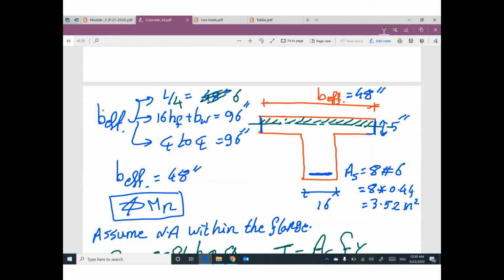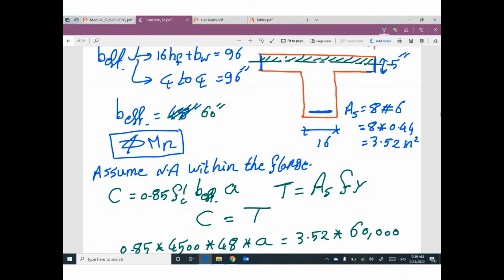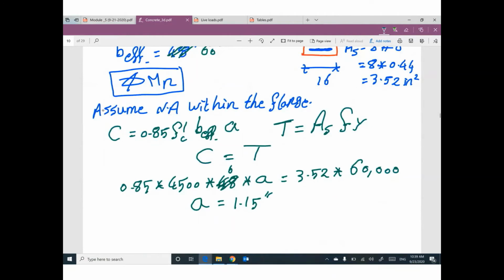Your b effective will be 60. A little mistake makes a big difference. So your value of A will be a little different: 3.52 times 60,000 divided by 0.85 times 4,500 times 60, which is 0.92 inch.